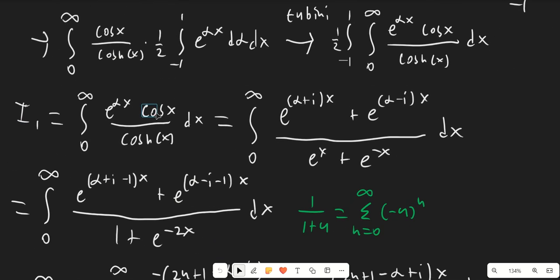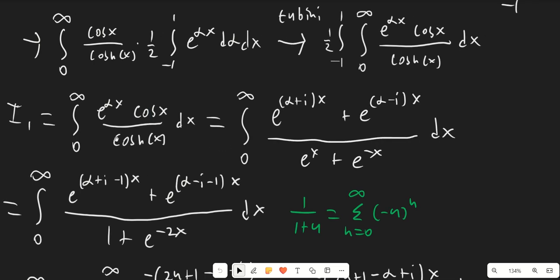So e to the alpha x cosine of x over cos x, essentially what we're going to try to do here is everything here is in nice exponential form, so let's try and make this into a summation of exponential functions. So we have e to the alpha plus ix plus e to the alpha minus ix. Yeah, so I wrote everything in exponential form here, so that means cosine of x is e to the ix plus e to the negative ix over 2, and that cancels with the 2 from the cos x.